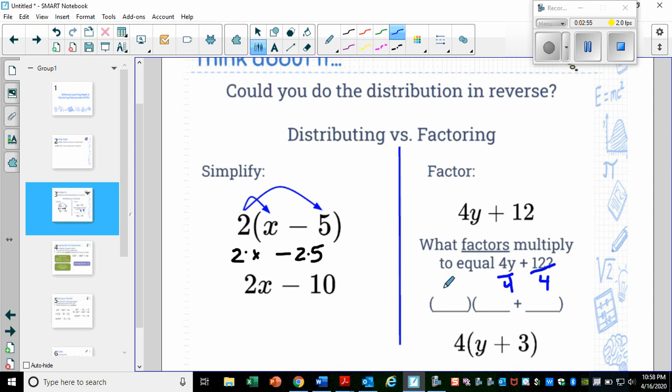Let's try that. Well, 4y divided by 4. Remember, the 4 on top cancels out the 4 on the bottom, so you're left with the y for the first term, and then 12 divided by 4 is 3. So in the end, we have the result of 4 times the quantity y plus 3.